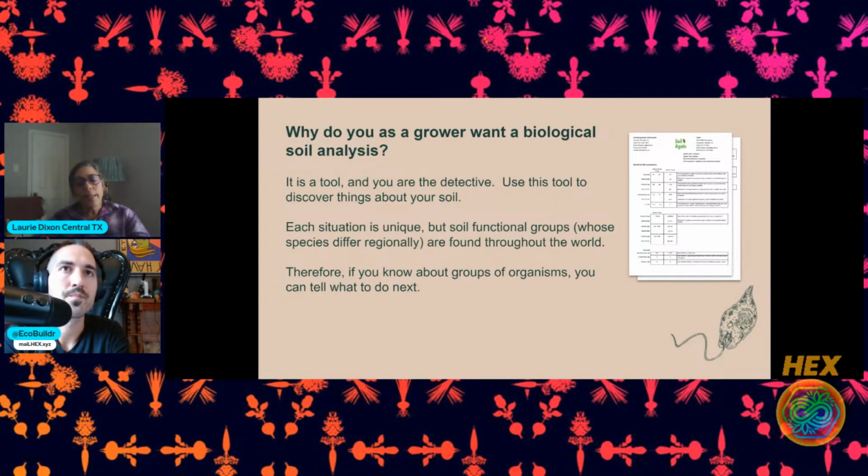But the thing about natives that you have to remember, I'm going to give you an example by going back to the rhizophagy cycle and these microorganisms. The relationships that they form with plants are very unique. You have certain bacteria that prefer certain plants, certain mycorrhizal fungi that associate with certain plants. And these are associations that have been developed over thousands of years, right? And so the adaptations do happen.